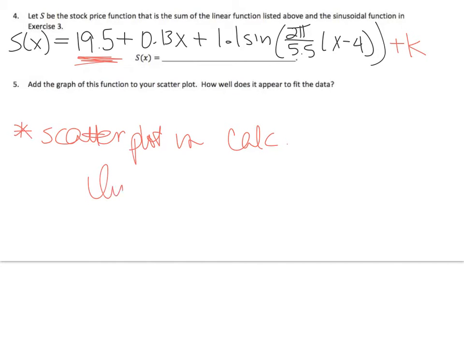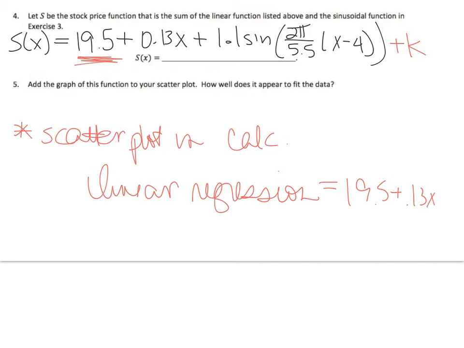And you can do a linear regression, and you'll get the 19.5 plus 0.13x. Okay, and then you can actually do a sine regression. Make sure that's the wording it uses. You go stat calc. Sine reg, and it was really awesome.